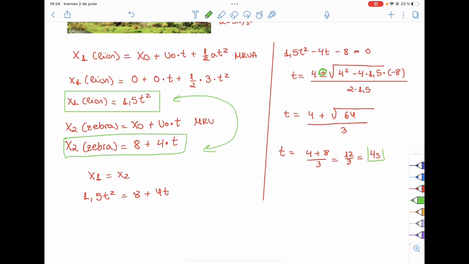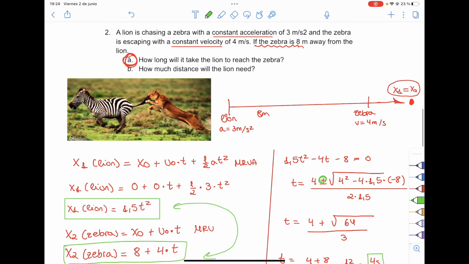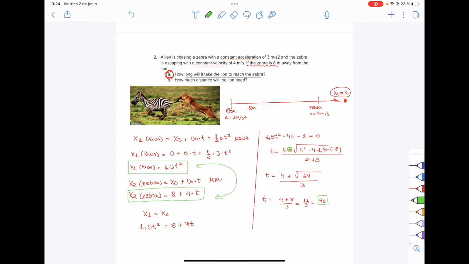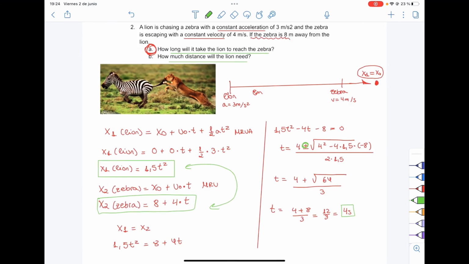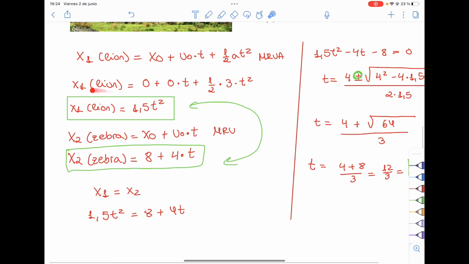So 4 seconds is how much time the lion needs to reach the zebra. 4 seconds, okay? And now, if I want to calculate how much distance the lion will need, these two that we did before are the formulas for the distance.